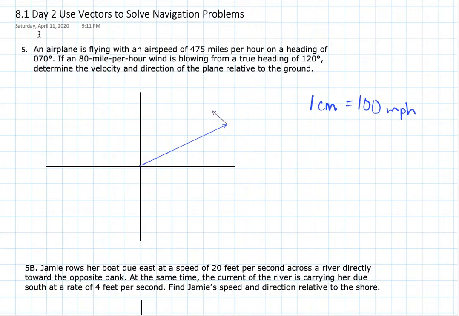So I will just use my pen. Our resultant vector will be something along these lines right here. Okay, and that is what we're looking for. So we're looking for the magnitude and direction of this green line.